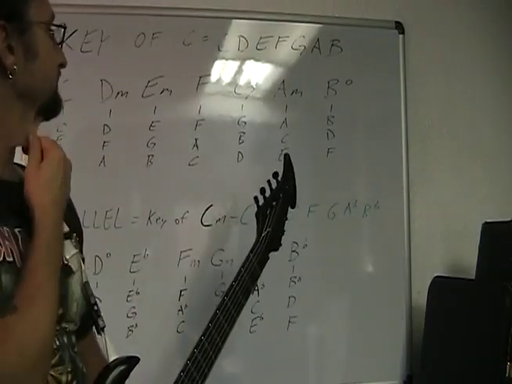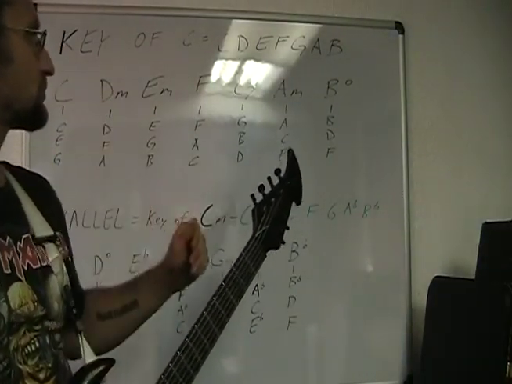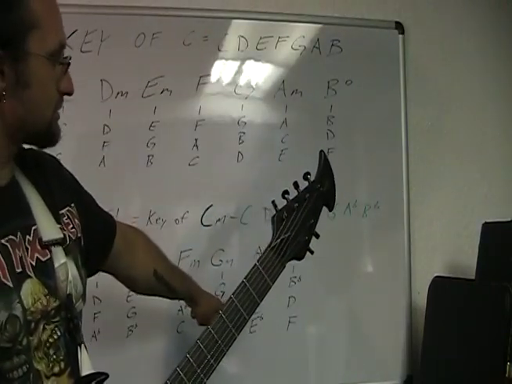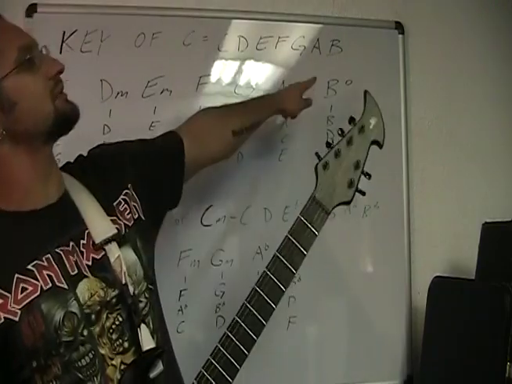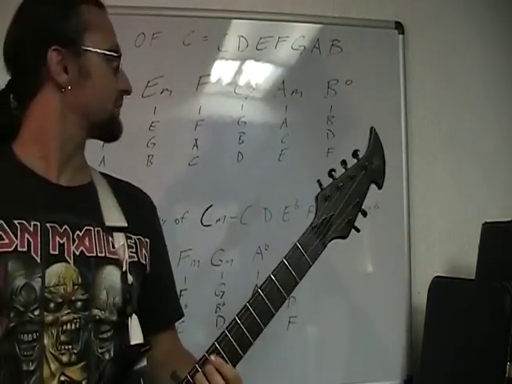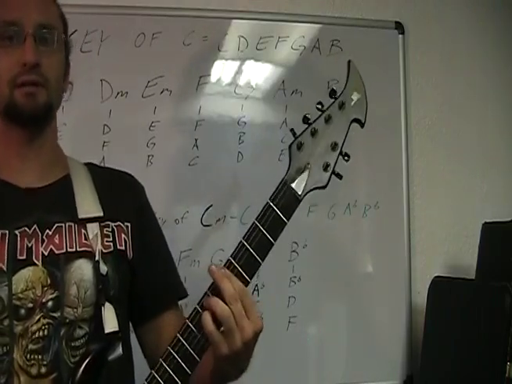Another example, I'm going to go between the A minor chord, A flat major, B flat major, into the B diminished. So this is what we got. The A minor to start.